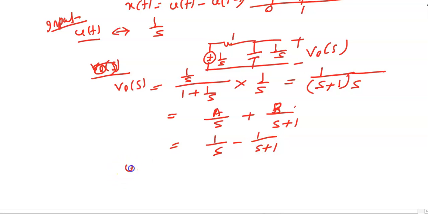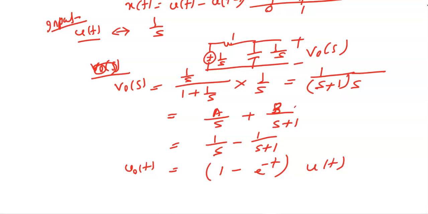So I got V0(t) by taking the inverse Laplace transform. This is 1 minus e to the power minus t, times u(t), because this is the unilateral Laplace transform. The inverse Laplace transform of 1 upon s is u(t), and minus 1 upon s plus 1 is minus e to the power minus t u(t).